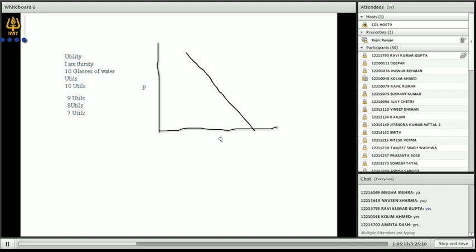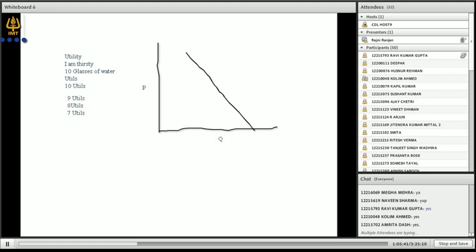But total utility is a slightly different concept, which says that the total utility that I derive from the consumption of my first glass of water is 10. Then when I consume 2 glasses of water, my total utility is 10 plus 9.